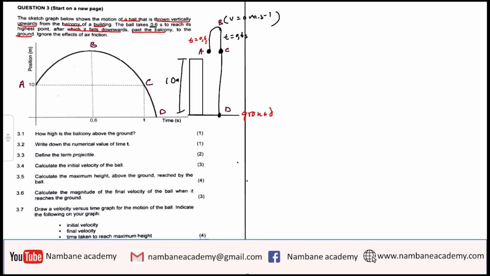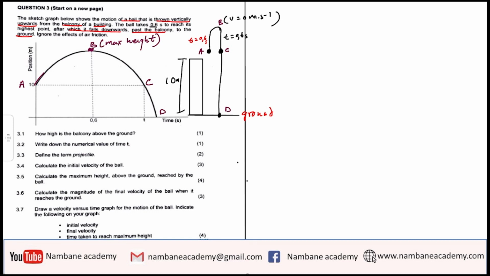Why, ladies and gentlemen? Because B is at maximum height. It is just now proper interpretation of the information given. Hence, when we try to check here what is happening, it basically went up, reached the maximum height, came back to the balcony at C, and then it passed that particular point.